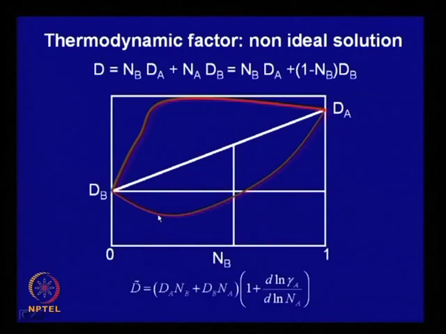So, what we need is another correction factor, which we call a thermodynamic correction factor, and this is defined over here as an activity coefficient. In thermodynamics, this has been worked out in detail, and you can refer to a course book on thermodynamics for this derivation.